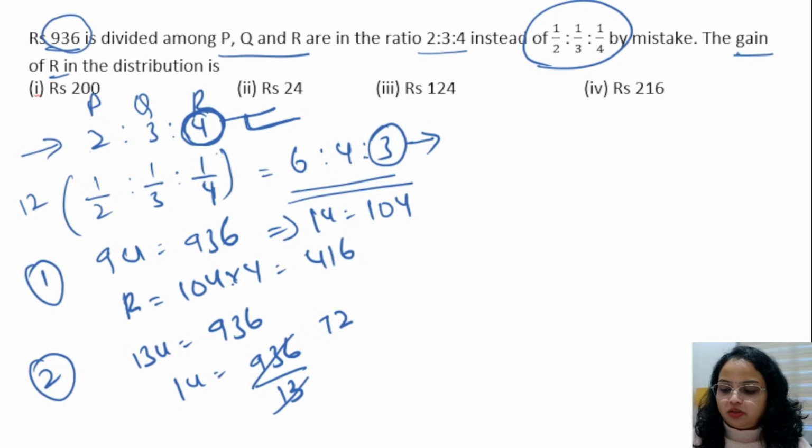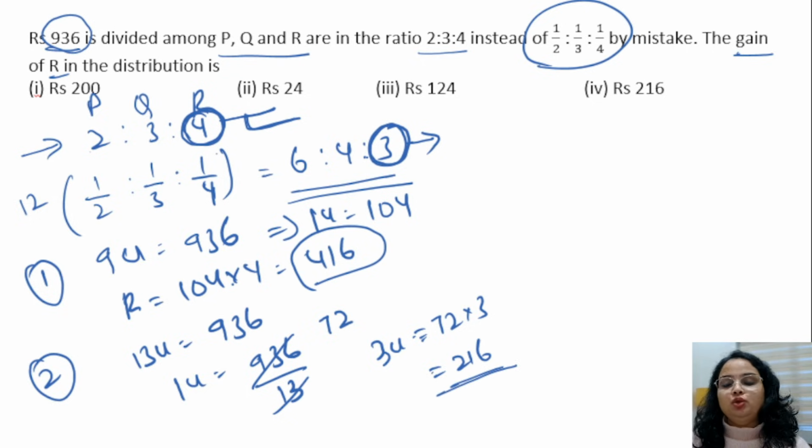So 1 unit is equal to 72. So how much amount did R receive in the second ratio? It is 3 units. So 72 into 3 is 216. See, in the first ratio, R got 416. In the second ratio, the amount is 216.